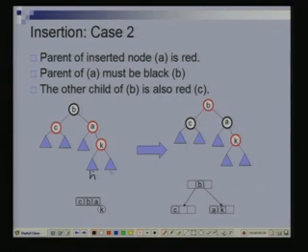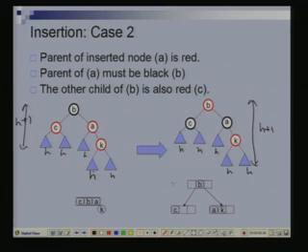If this was H, then they would all be H, and the black height of this entire subtree would be H plus 1. So, these are all H, and now the black height of this entire subtree is H plus 1. So, no problem, it is as it was before.